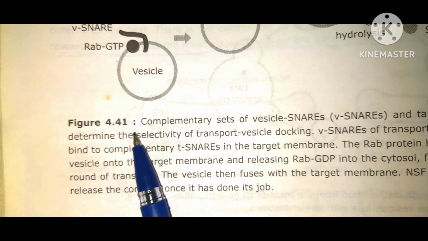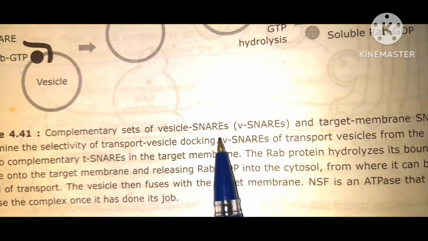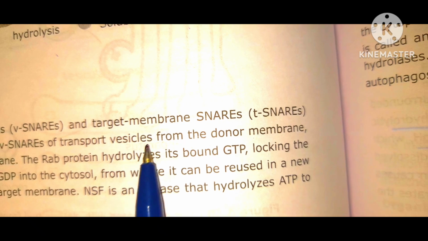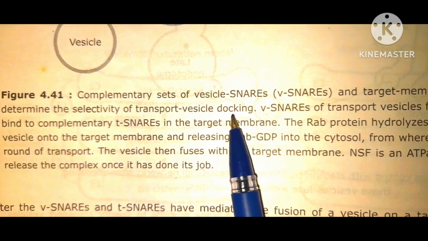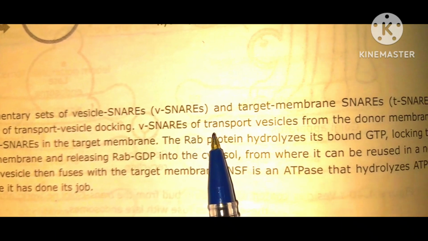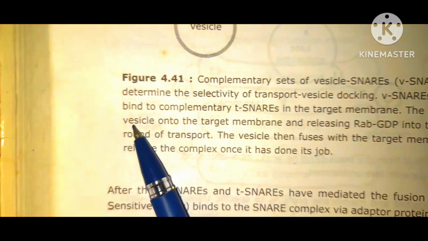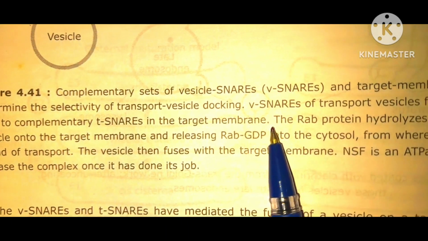This figure describes how complementary sets of vesicle SNAREs, v-SNAREs, and target membrane SNAREs, t-SNAREs, determine the selectivity of transport vesicle docking. V-SNAREs of transport vesicles from the donor membrane bind to complementary t-SNAREs in the target membrane.